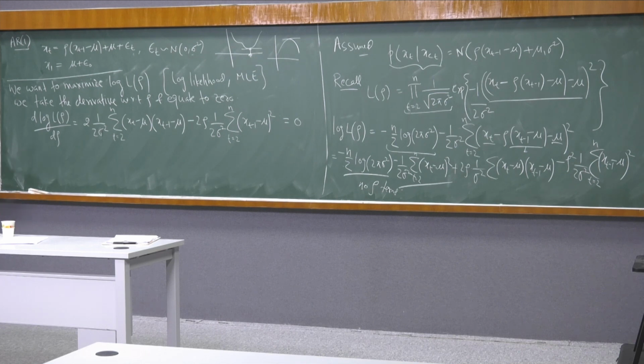So if we take the derivative, we have 2 rho times 1 by 2 sigma squared times (xt-1 minus mu) whole squared. That's fine. And then in the other term, if I take the derivative, some will remain intact, and the rho will get cancelled, so I will be left with 2 by sigma squared.